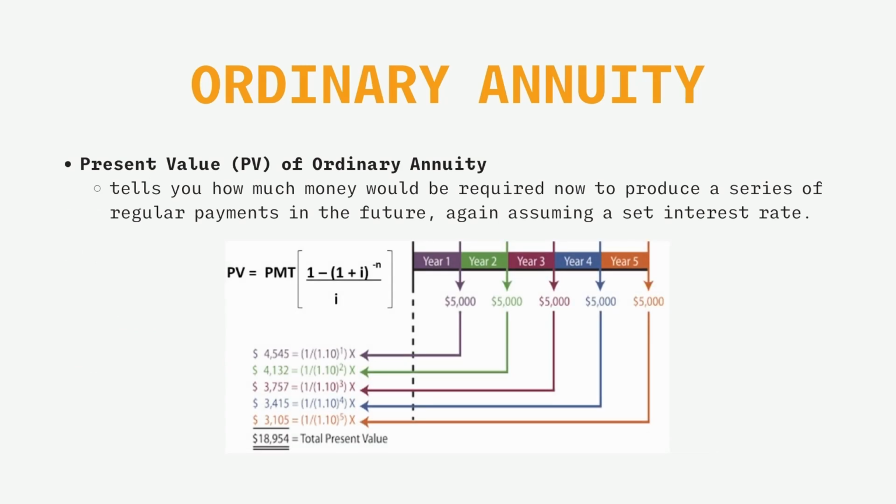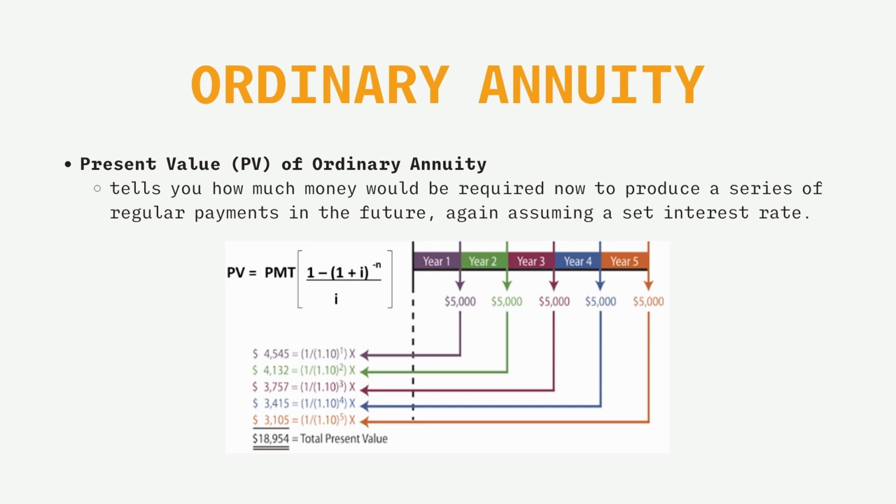Present value of ordinary annuity. In contrast to the future value of ordinary annuity, a present value, or PV, of an ordinary annuity tells you how much money would be required now to produce a series of regular payments in the future, again assuming a set interest rate. So you can compute now for the present value of an ordinary annuity with this formula, which is equivalent to the payment, PMT, times 1 minus (1 plus i) raised to the negative n, all over i.